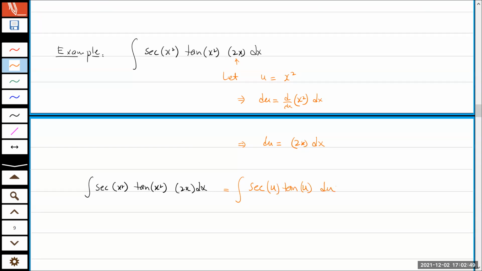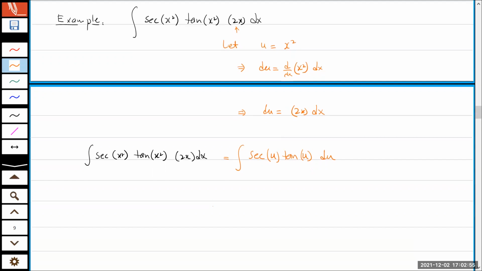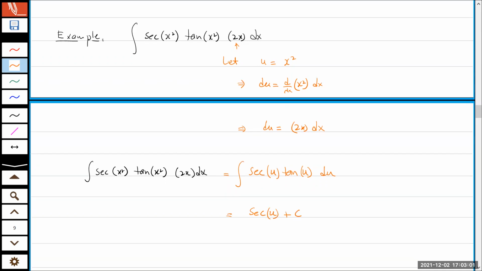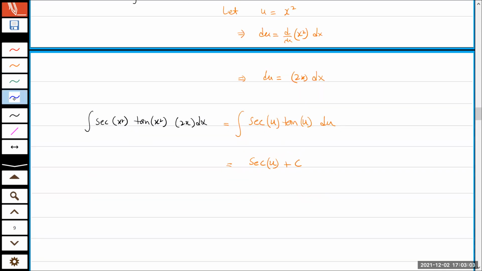Now the question would be, what is the function whose derivative is secant u times tan u with respect to u? And we know that the function is secant u. So this equals secant u plus c. With u equals x squared, my integral finally becomes secant x squared plus the constant of integration.